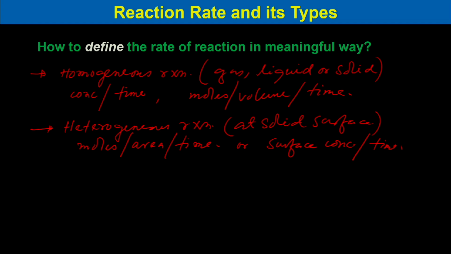This rate is an intrinsic property, an intensive quantity.